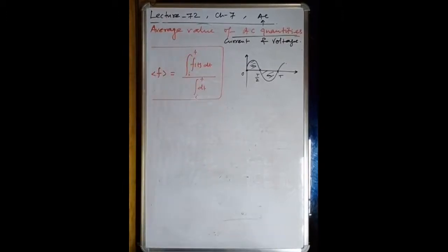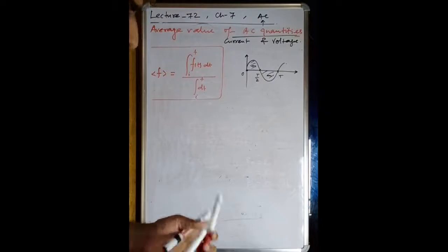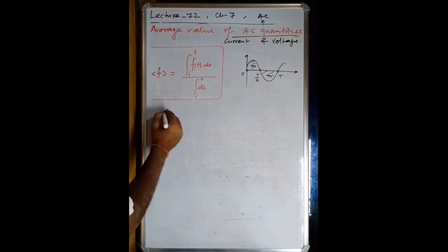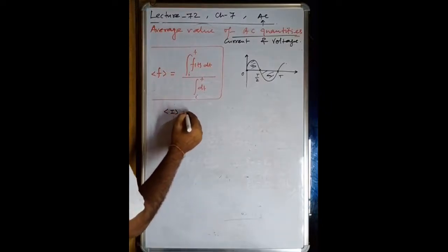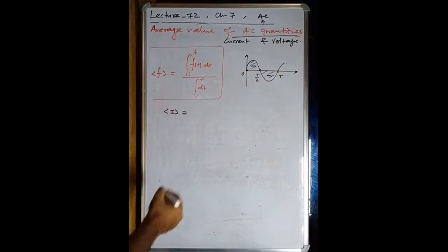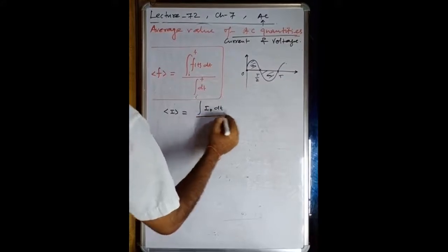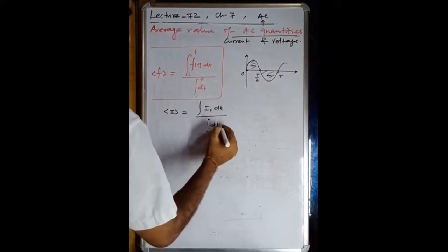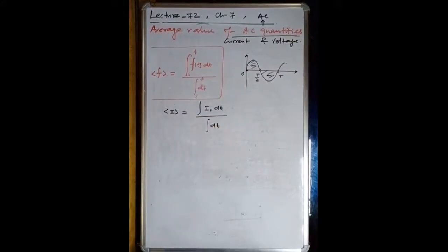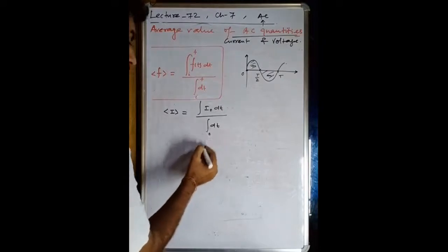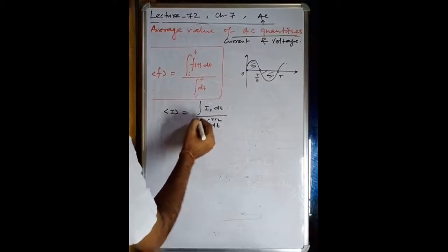If we are talking about the average value of AC current, it means we have to write I average equals the integral of I(t) dt over the integral of dt. Of course, this is very simple. And if we talk about the values in half cycle, it means we have to integrate from 0 to T by 2.